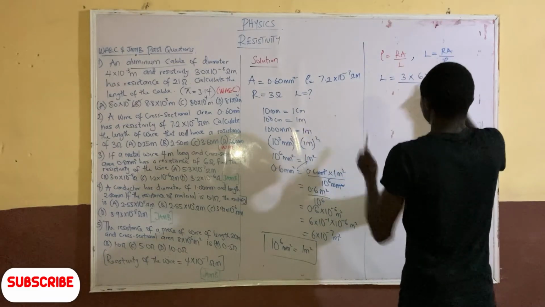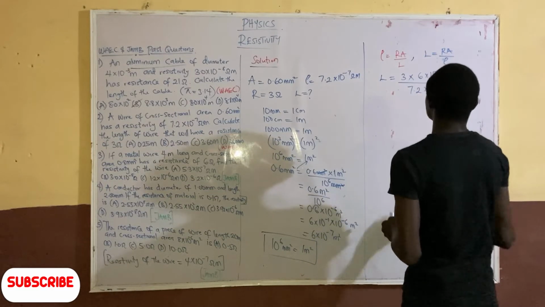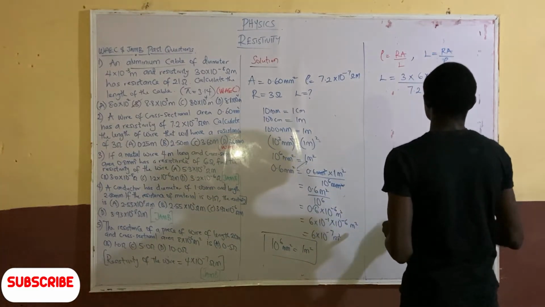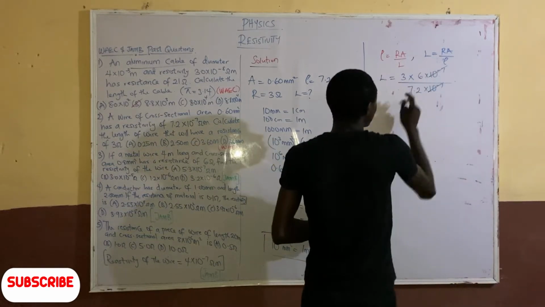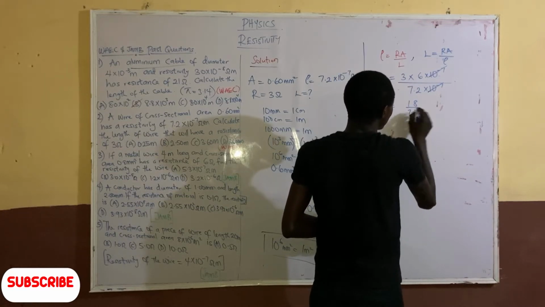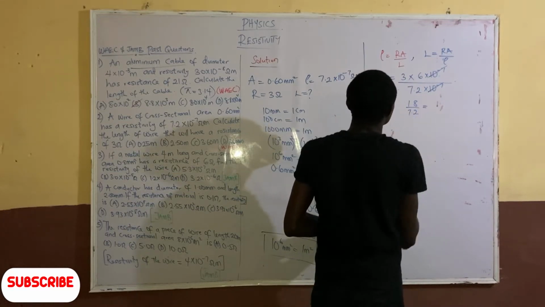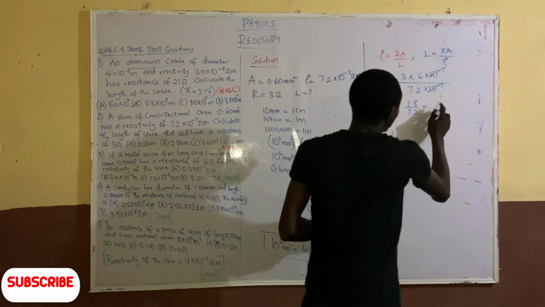Resistivity is 7.2 times 10 raised to the power minus 7. Look at this, the powers cancel out. So 3 times 6 we have 18 all over 7.2. 18 over 7.2 will give us what?